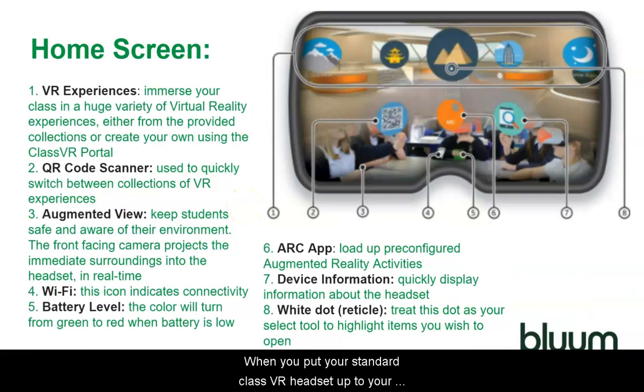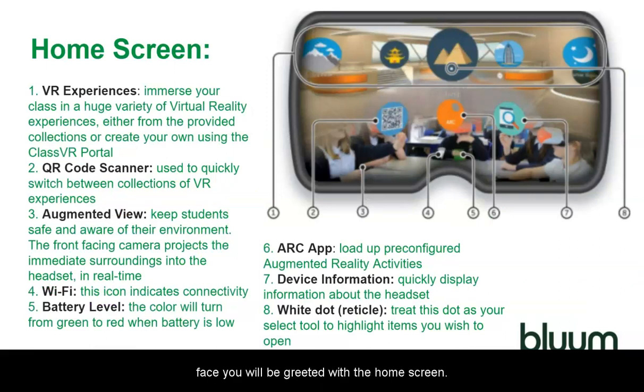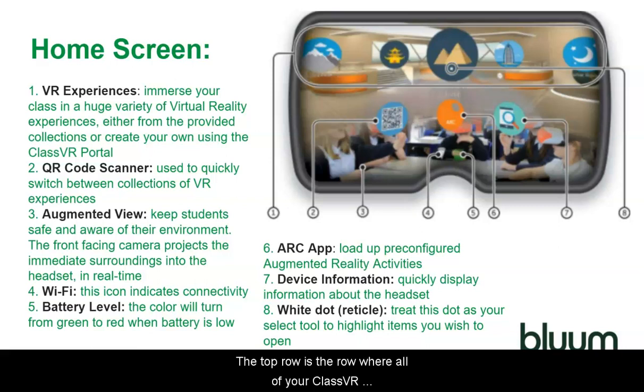When you put your standard ClassVR headset up to your face, you will be greeted with the home screen. This home screen has two very different rows. The top row is the row where all of your ClassVR experiences are going to live.